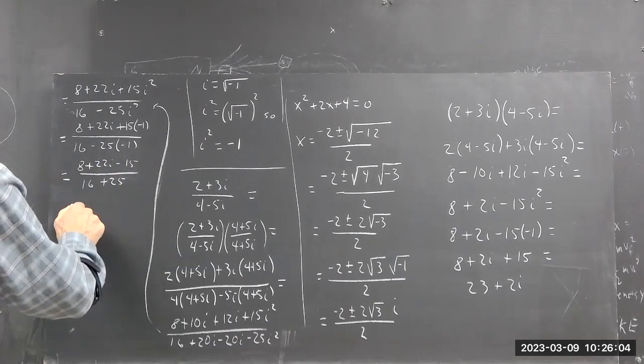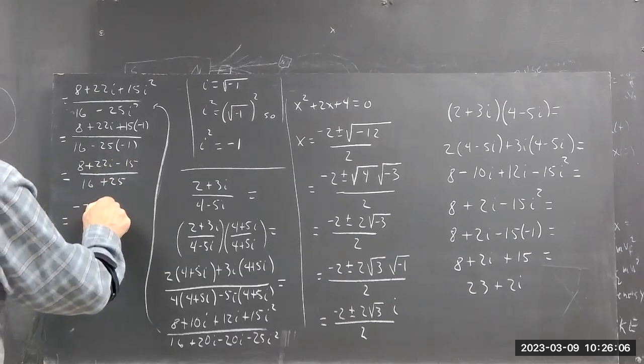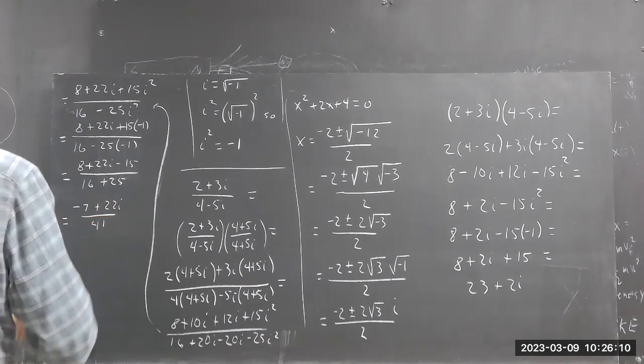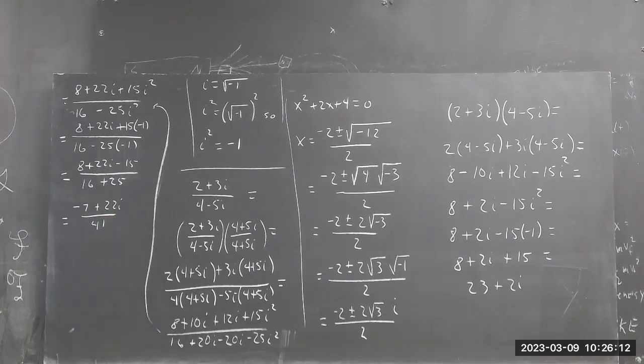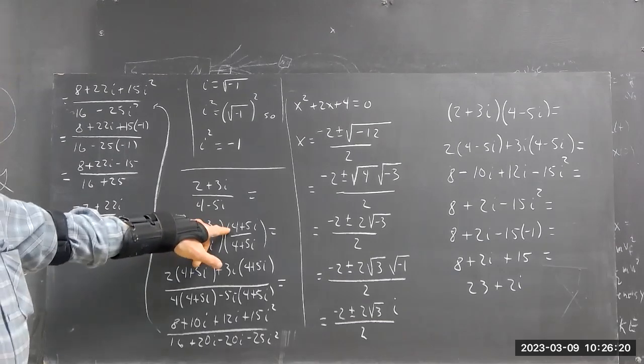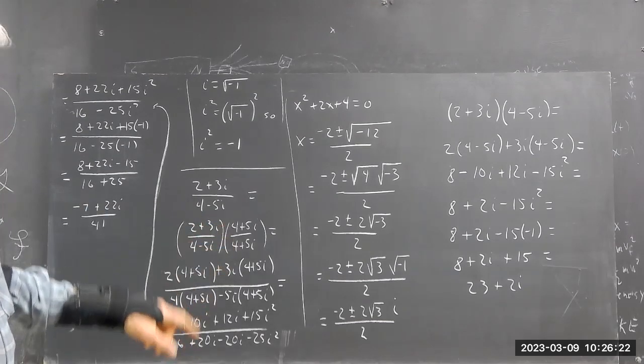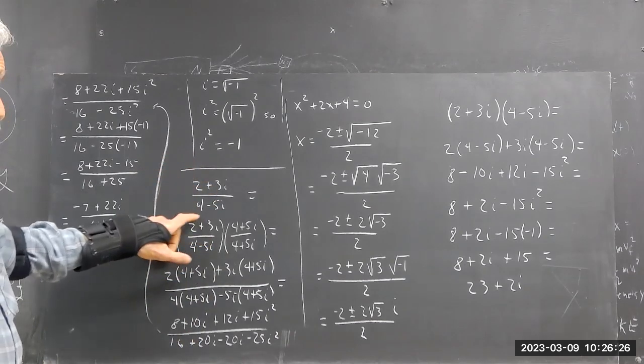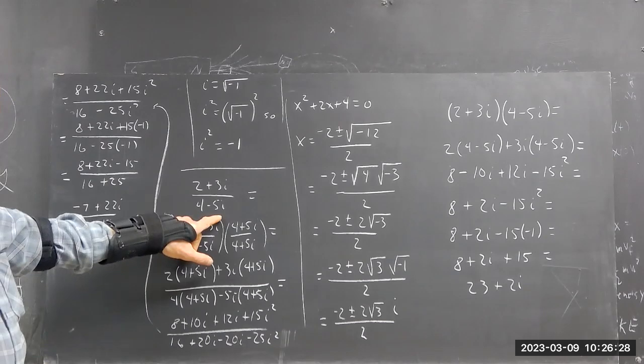Then 8 minus 15 is -7. Denominator is just 41. Notice that we've got a denominator that's a real number now, not a complex number. Okay, we changed the form of the fraction to one where the denominator is a real number.